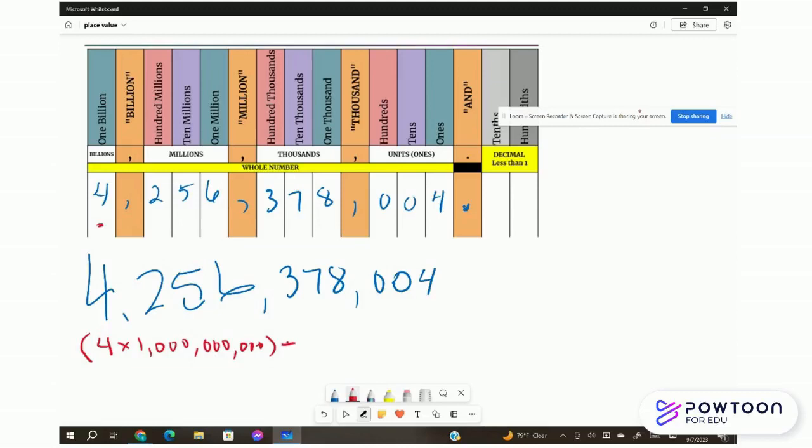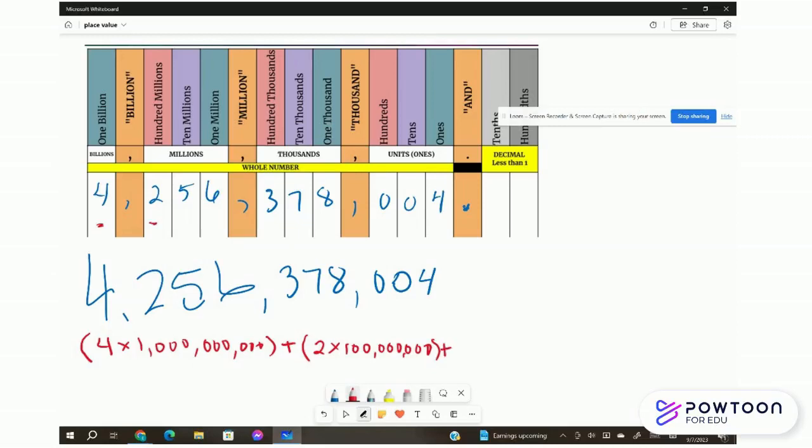Then we say plus, and we do a new parentheses, organizing the sections. So we have 2 times 100 million. Okay, so we've done the 2. Close the parentheses because 2 times 100 million is 200 million.